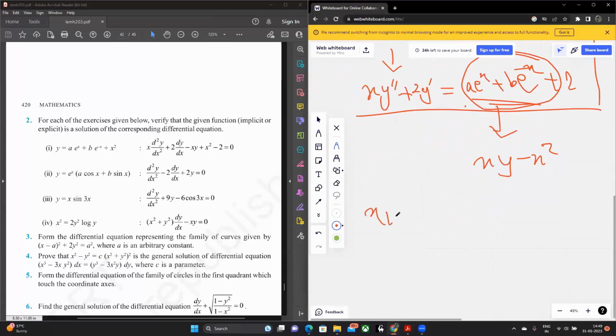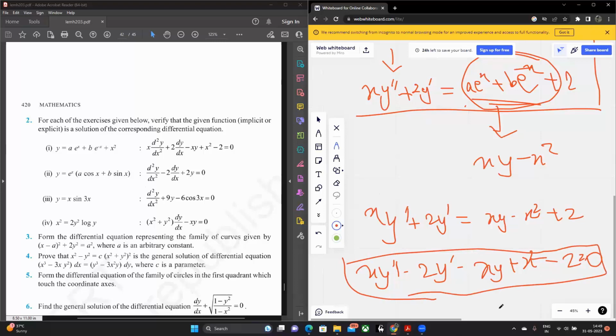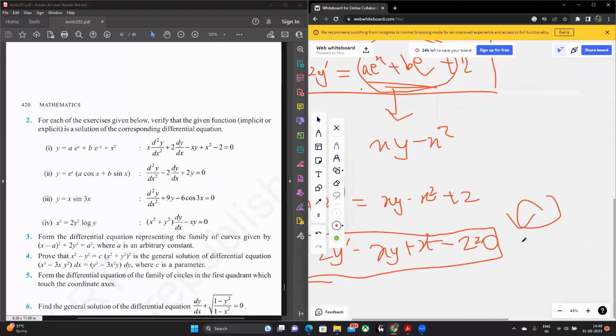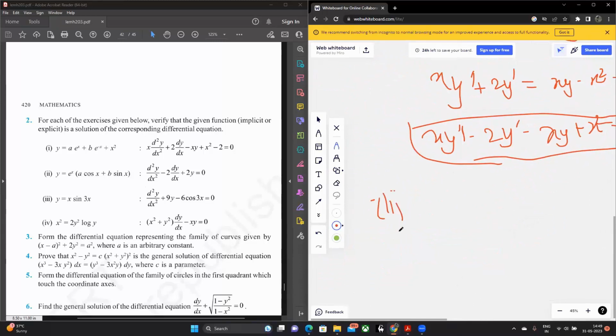So we have the equation x y'' plus 2y' equals xy minus x squared plus 2, or x y'' plus 2y' minus xy plus x squared minus 2 equals 0. And that is your required differential equation. Therefore, verified.